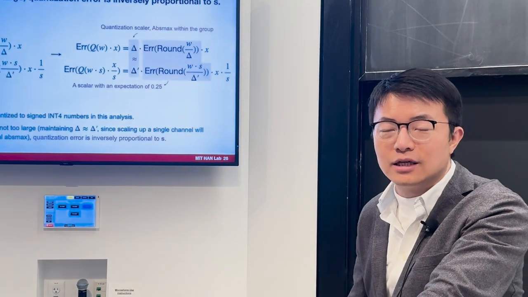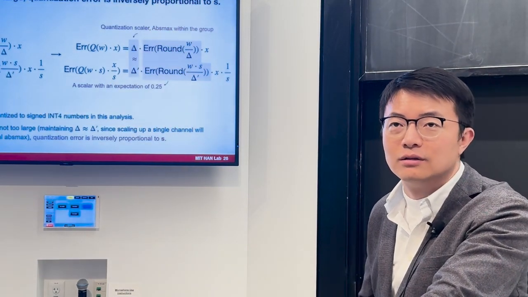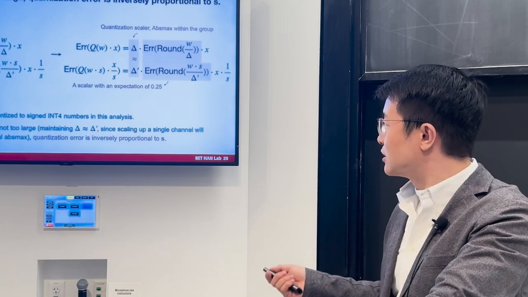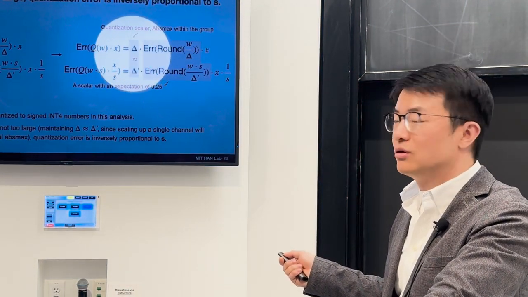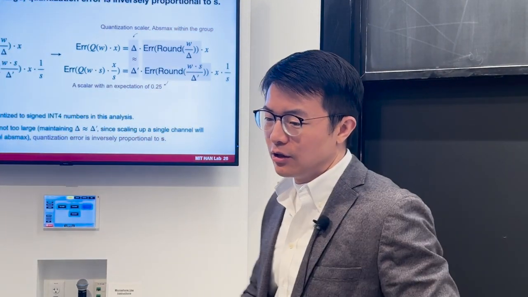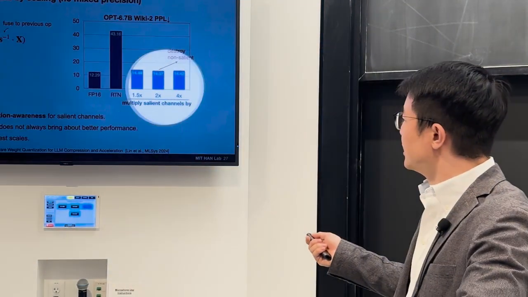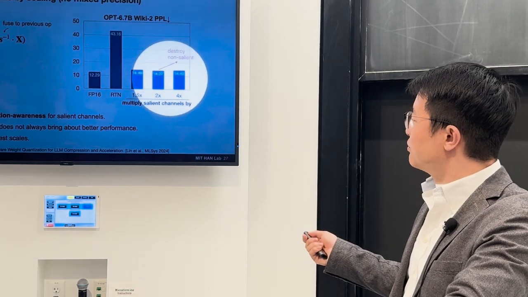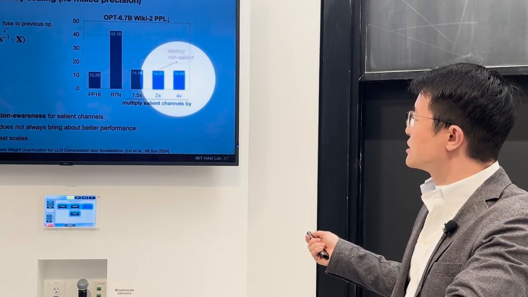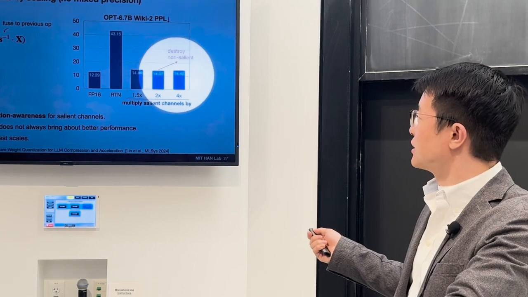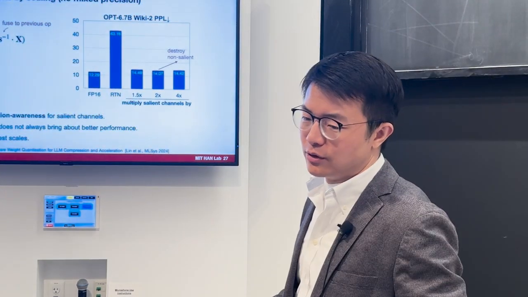So can s get infinitely large? It cannot. Otherwise, it will impact this ABS max, this delta. So s cannot get super big. As we can see, when s gets bigger from 2 to 4, the perplexity gets worse, because we are destroying those non-salient channels.